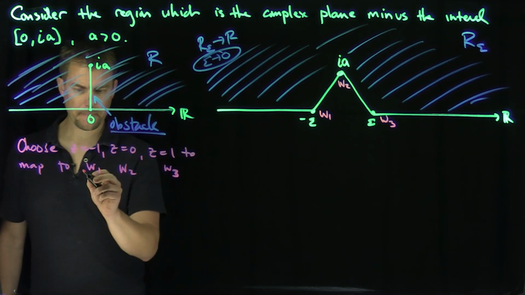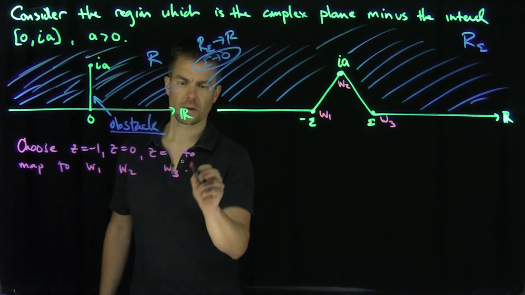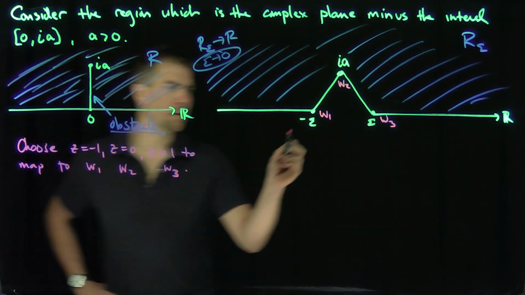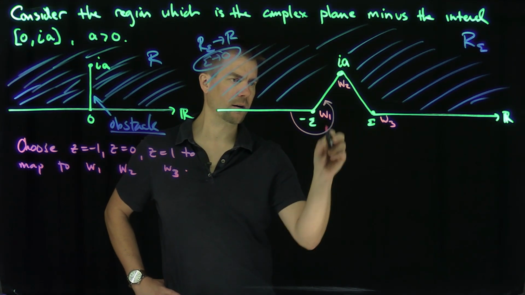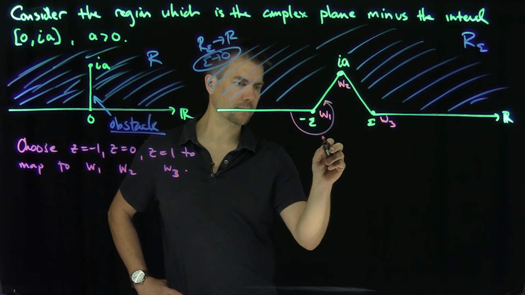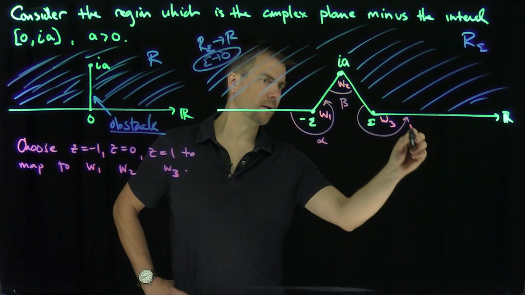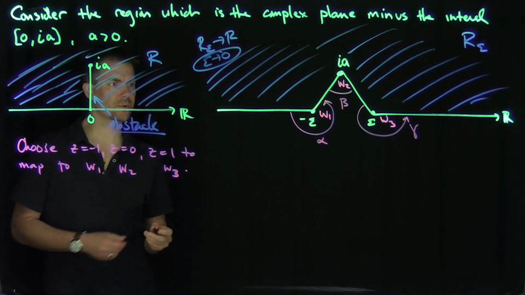Now what are the exterior angles over here? Here's an exterior angle of alpha. Here's an exterior angle of beta. Here's an exterior angle of gamma. Those are the exterior angles I need to figure out for Schwarz-Christoffel.